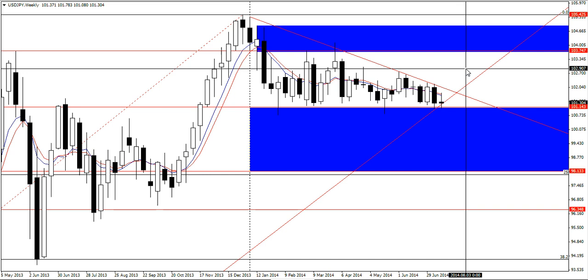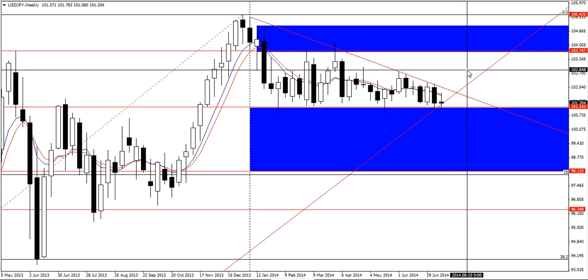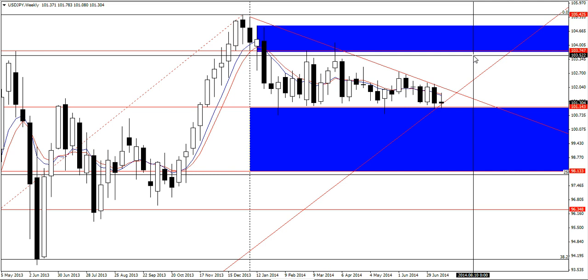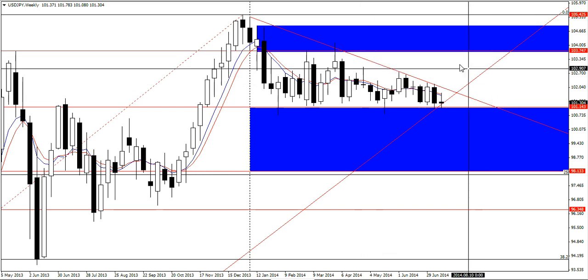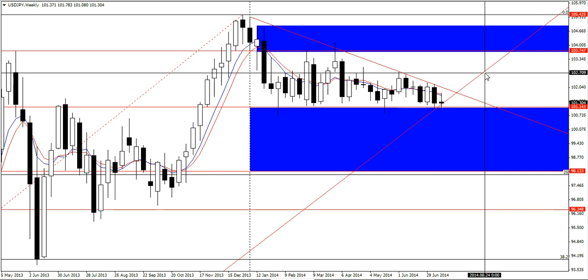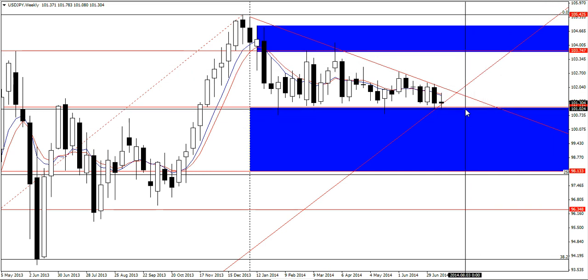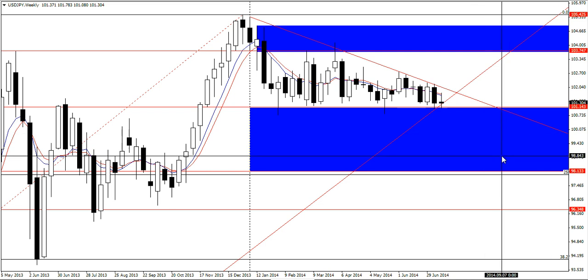If it goes upside, I would probably say somewhere around this 102.85s, or even if it makes its way up to the 103.60 area, 103.70 area, in this void right here, that would be an interesting move to see. But for the most part, I'm looking at the pressure breaking this support line and working its way down to the 98 area, looking for that.